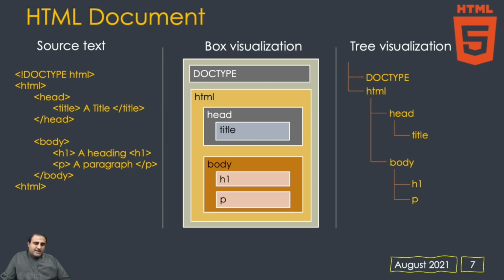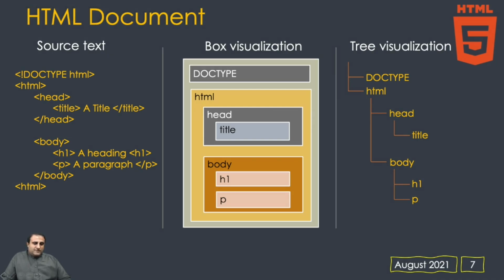And then we have the HTML tag, which encloses everything. So this is the parent tag. In the HTML, we have two basic tags, head and body. Head contains some metadata, and body is something which the browser displays.